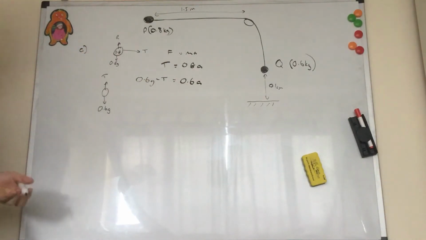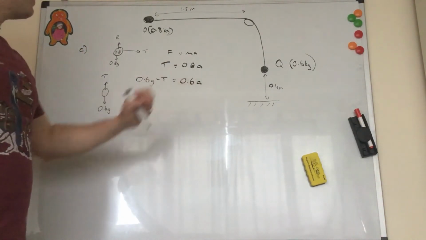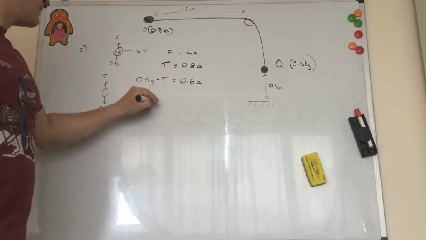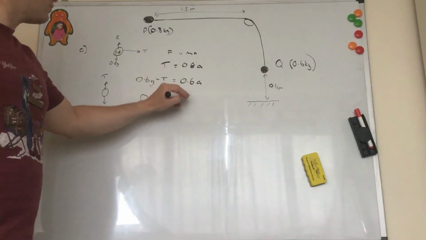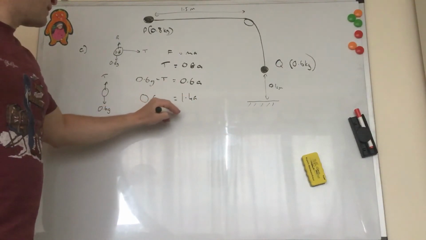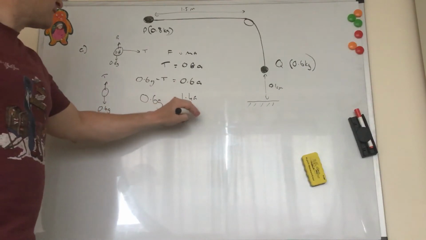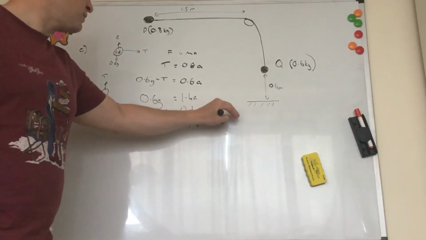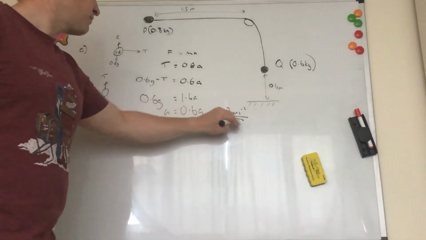So we've got simultaneous equations, and we have to work out a. We add the two equations together, then we get 0.6g equals 1.4a. So a equals 0.6g over 1.4, which is 4.2 meters per second squared.